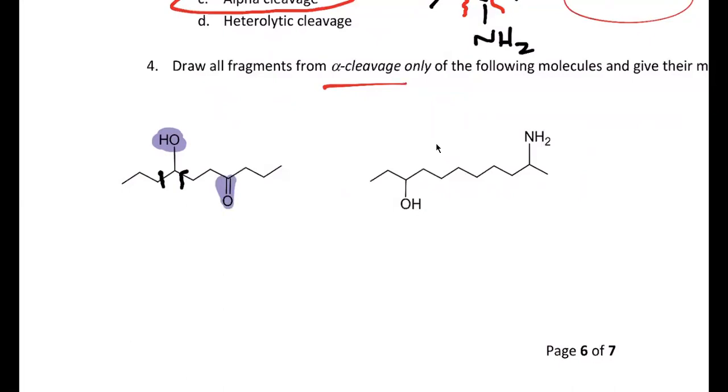You're going to cleave here and here, not all at the same time, but one at a time, so you should get a total of 8 fragments, because each time you fragment, you get 2 pieces. Are y'all following that?